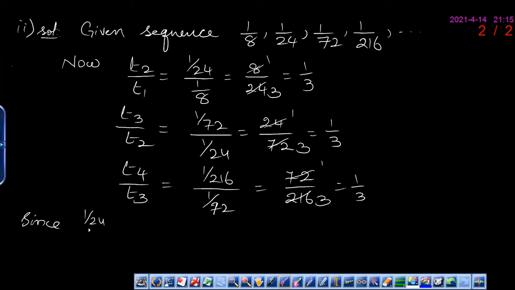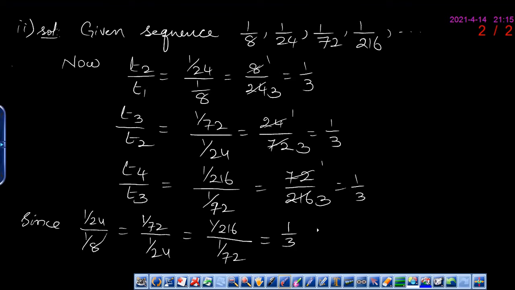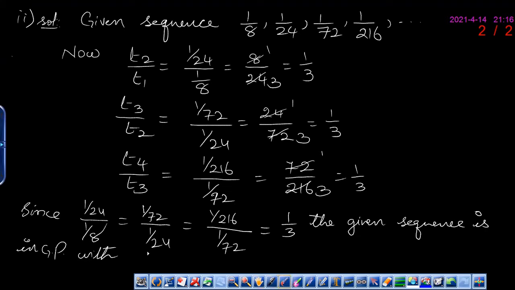Since 1 by 24 divided by 1 by 8 is equal to 1 by 72 divided by 1 by 24 is equal to 1 by 216 divided by 1 by 72 is equal to 1 by 3, the given sequence is in GP with the common ratio 1 by 3. This is how you need to solve the problem.